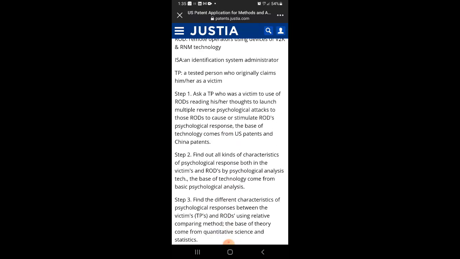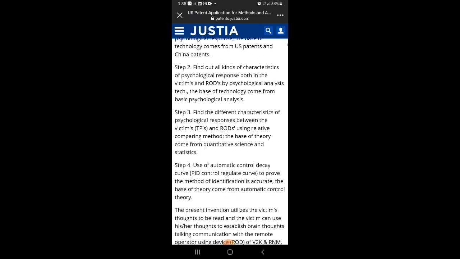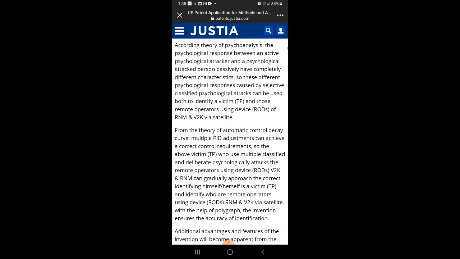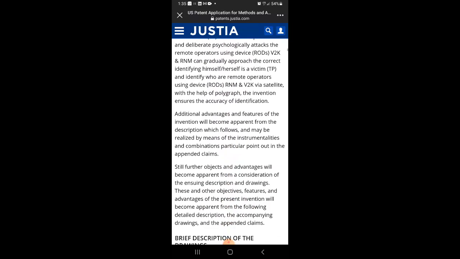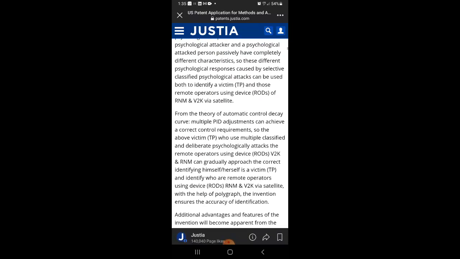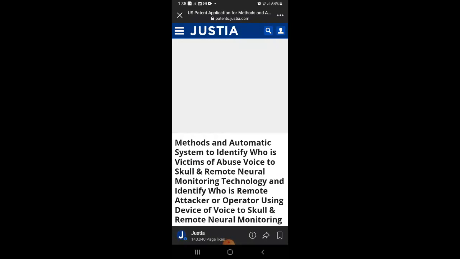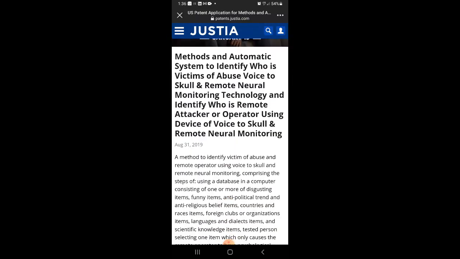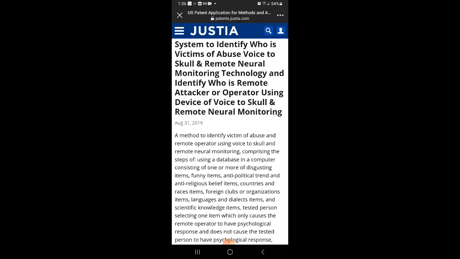And these people are not investigating it because they don't want you to catch them. They want to use this against you. But right here is the patent and the procedure to identify your operator using the device on you.